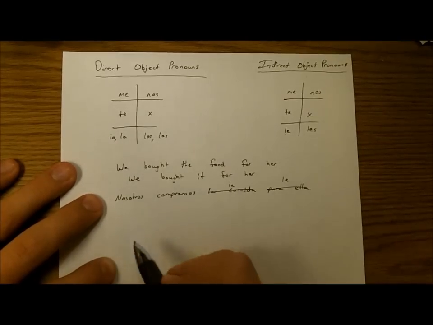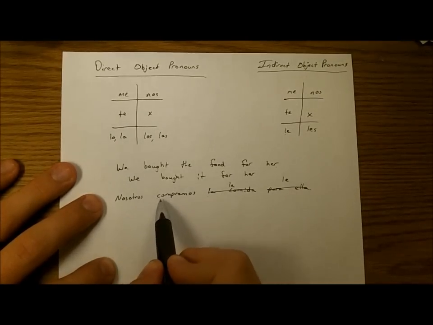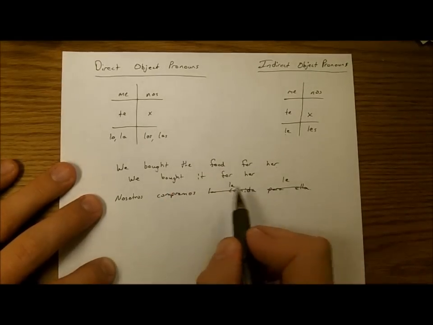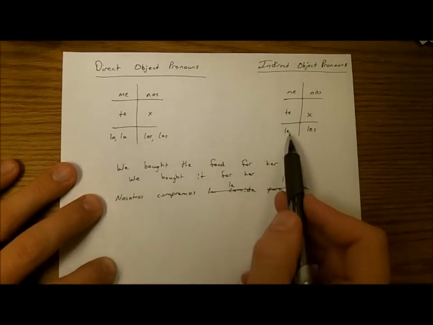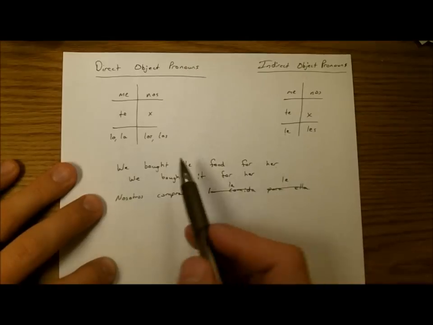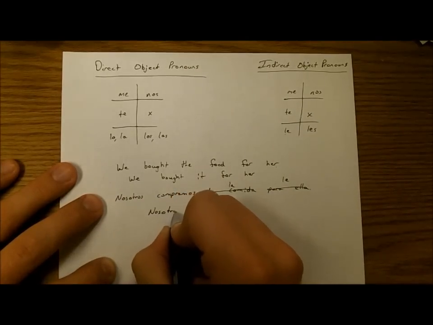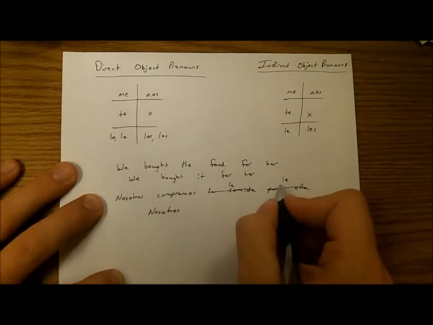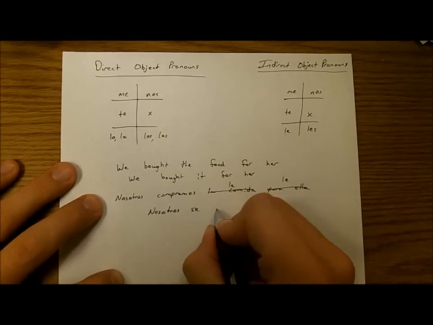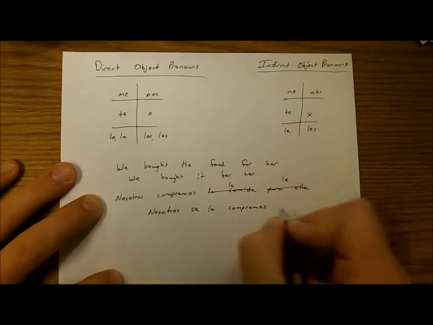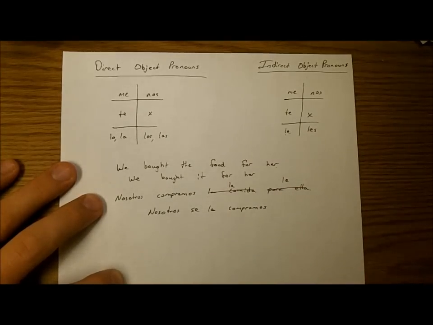We have to put both of these pronouns before this compramos, because that's the conjugated verb. However, we can't have a le next to a la, because we talked about you can't have two third-person pronouns next to each other. So therefore, when you rewrite it, this le becomes a se, and you get nosotros se la compramos.